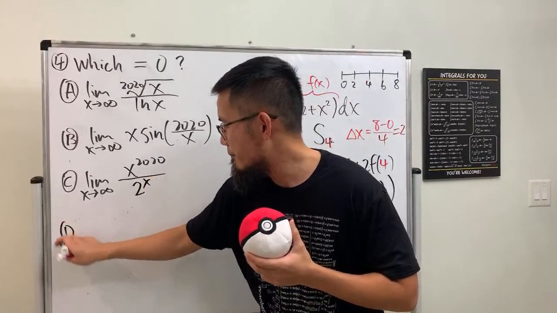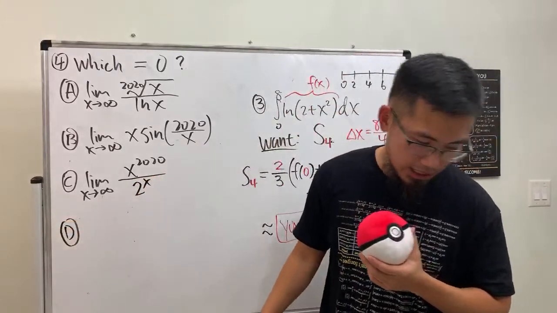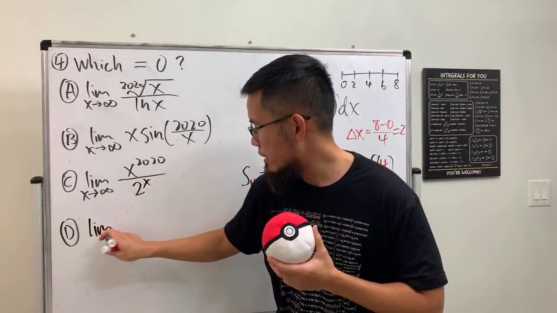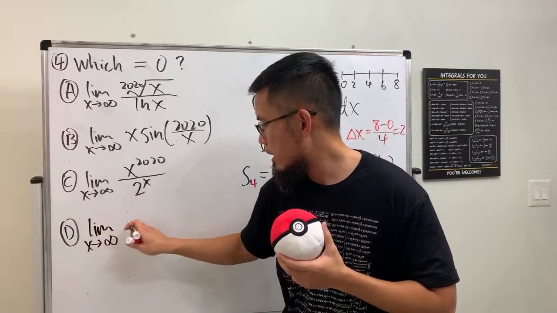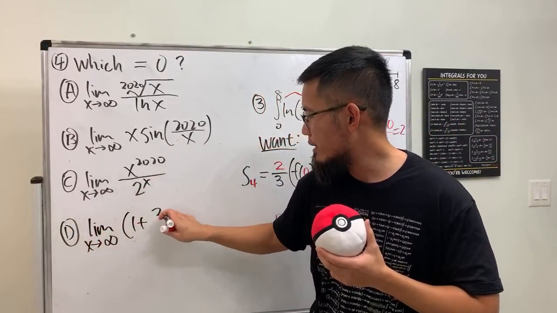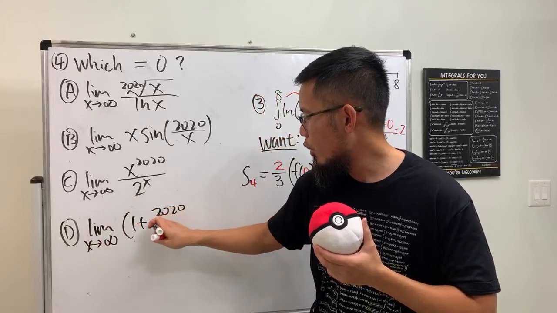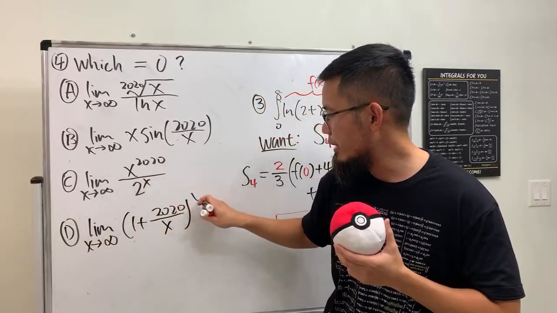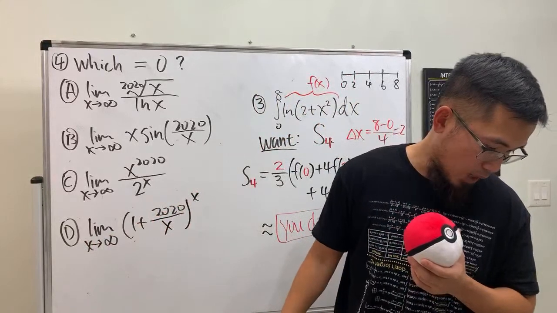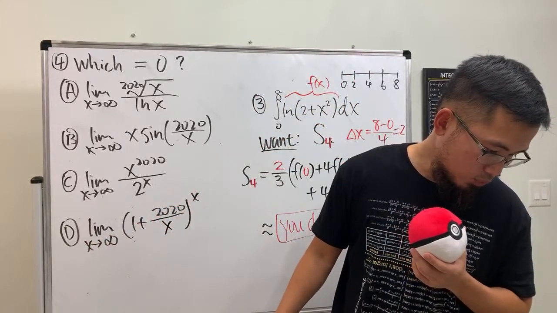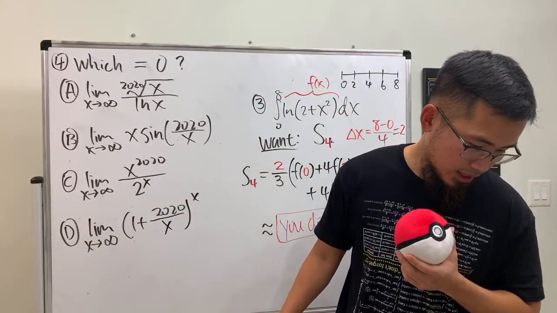And then D, we have the limit as x goes to infinity of 1 plus 20/20 over x, raised to the x power. And for the last one, we have none of the above.